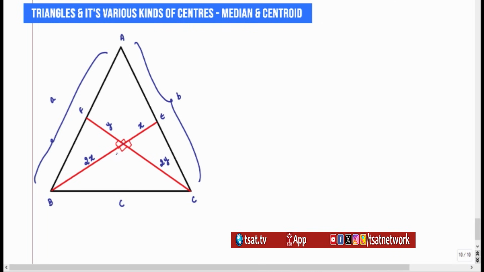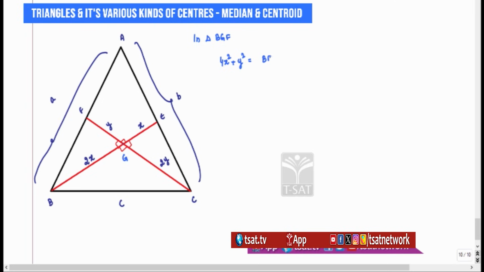Here if you consider triangle BGF, I would say 4x square plus y square is equal to BF square, or else A square by 4 you can say.